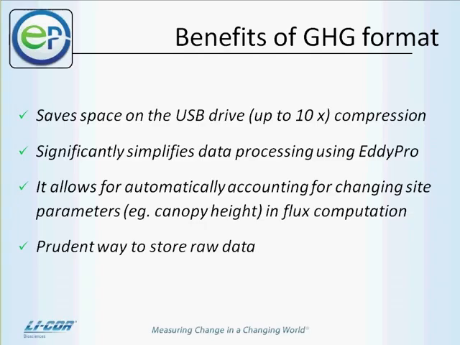The LI-COR GHG file format is created by the new analyzer interface unit, the LI-7550. It's a revamped and a very capable interface box compared to the old 7500 box. This interface unit is used by analyzer models LI-7500A, LI-7200, and LI-7700.